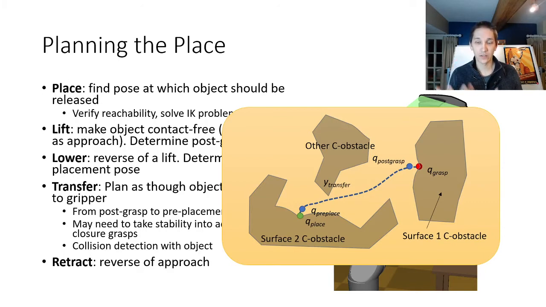So the C obstacles that are corresponding to these other environmental obstacles have a different shape, a larger shape than before. Now what we'll want to do is then pull back from the grasp configuration to a post-grasp configuration, execute a transfer motion, get to the pre-placement pose, and then move to the placement pose. Finally, we'll then want to do the retraction.